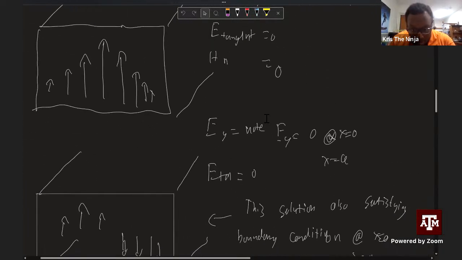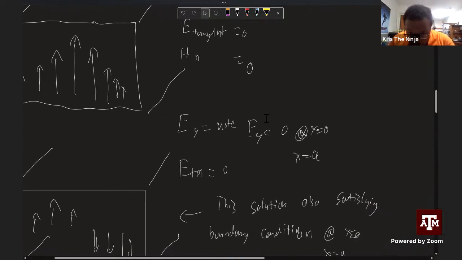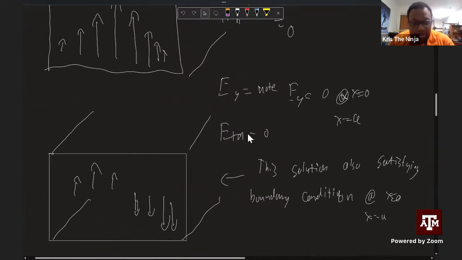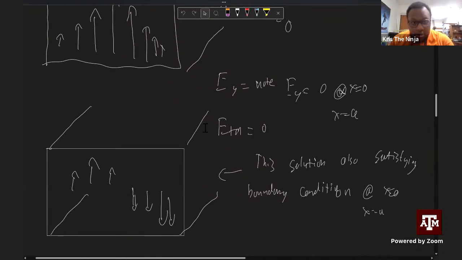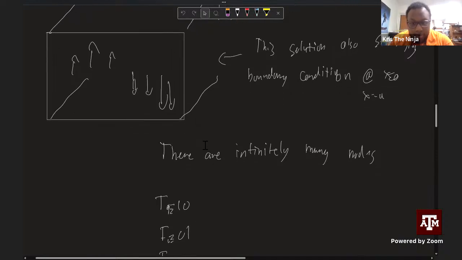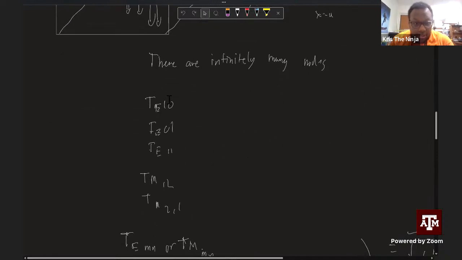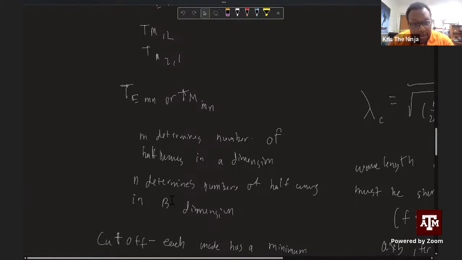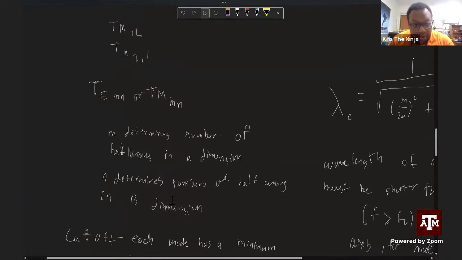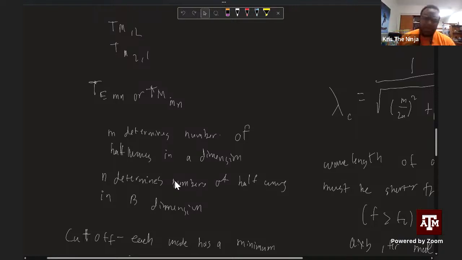Just assume that these are all solutions to the waveguide, and there are infinitely many modes. So you see there's a TE10, there's a TE01, TE11, TM12, TM21, and TEMN or TMMN.